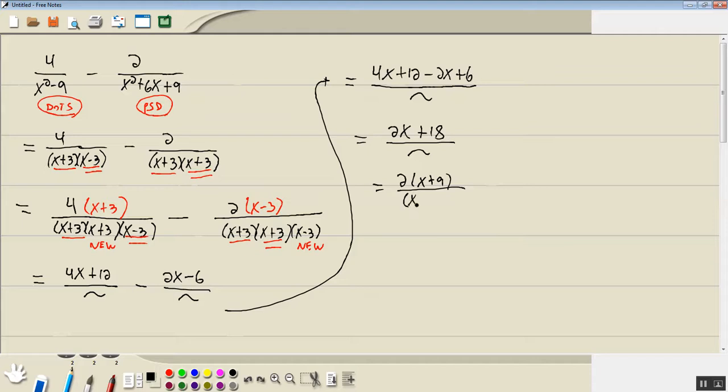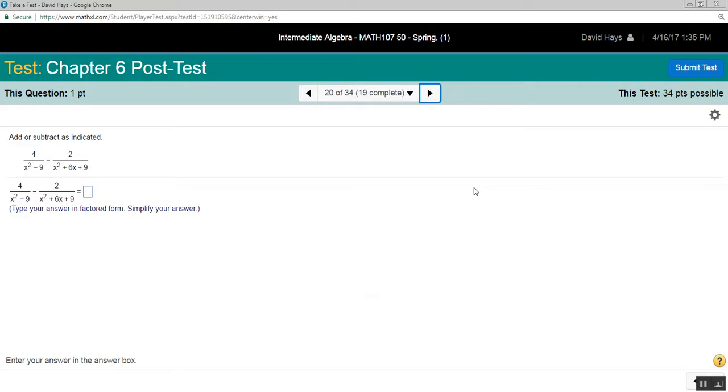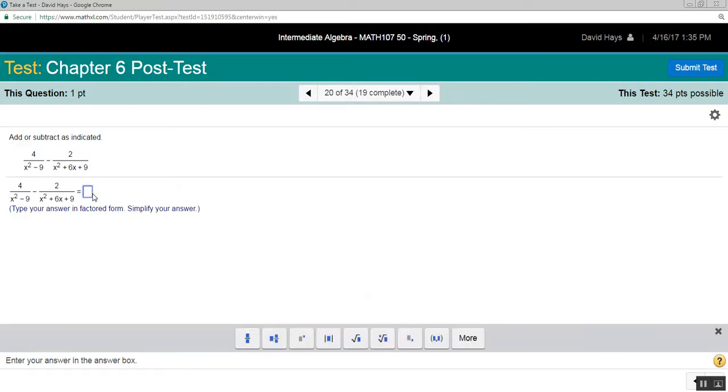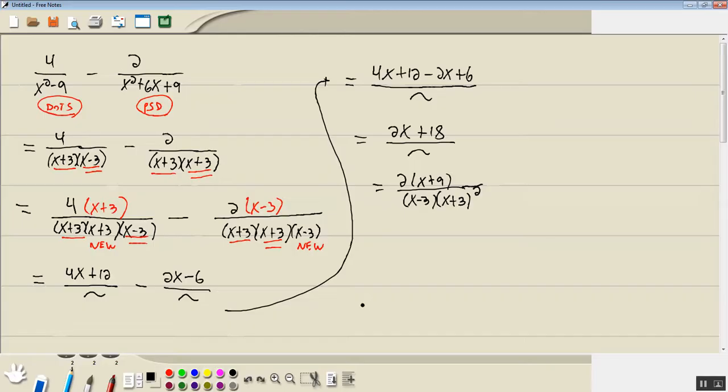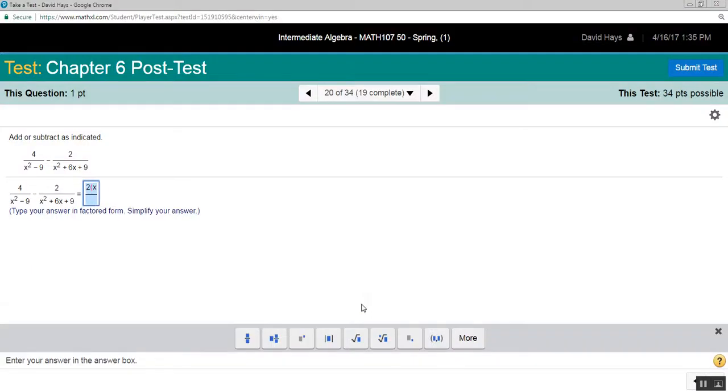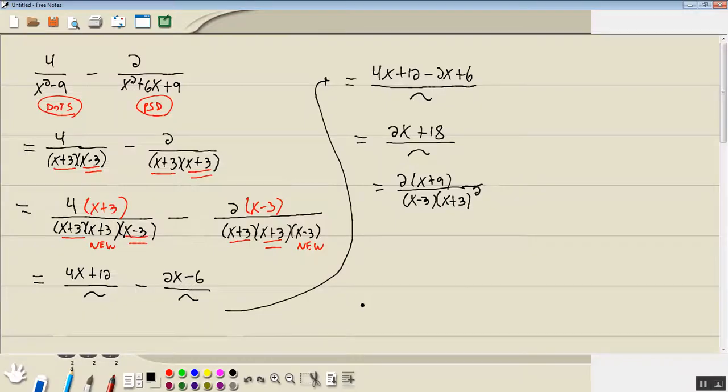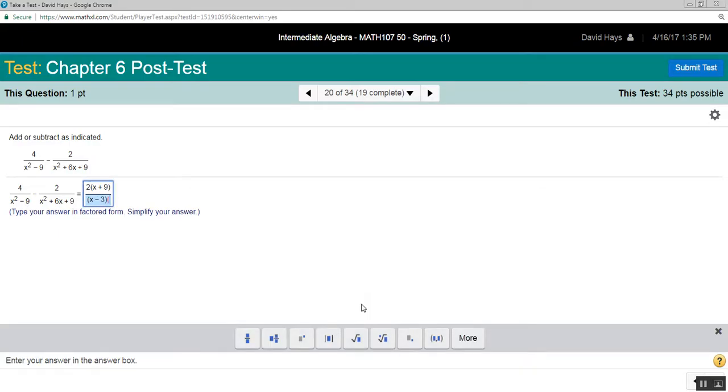Now I'm going to put the x minus 3 first, and then the x plus 3 times x plus 3, so that's x plus 3 squared. Okay, so this is x plus 9. And down here we got x minus 3, x plus 3 squared.